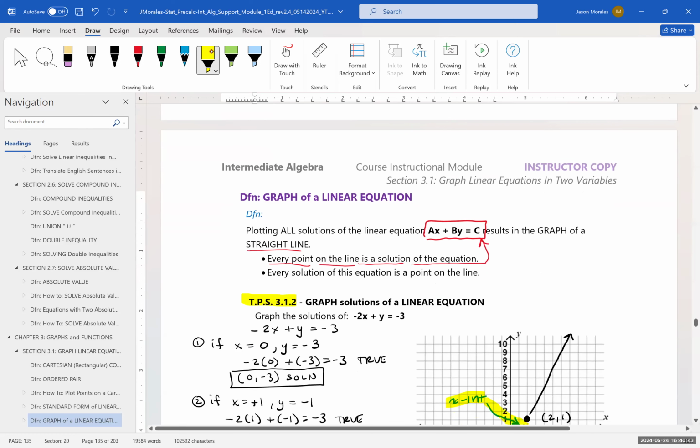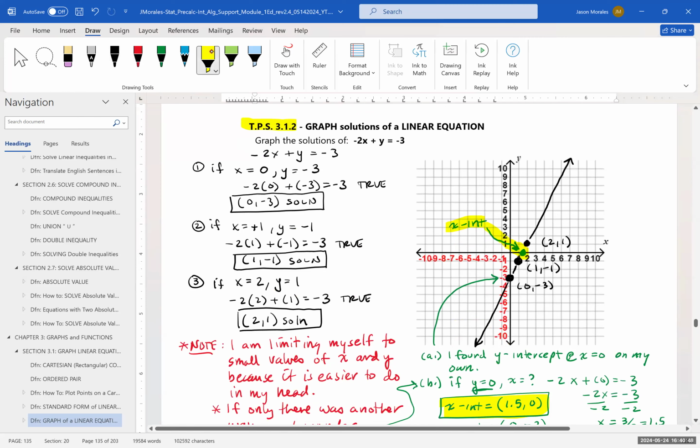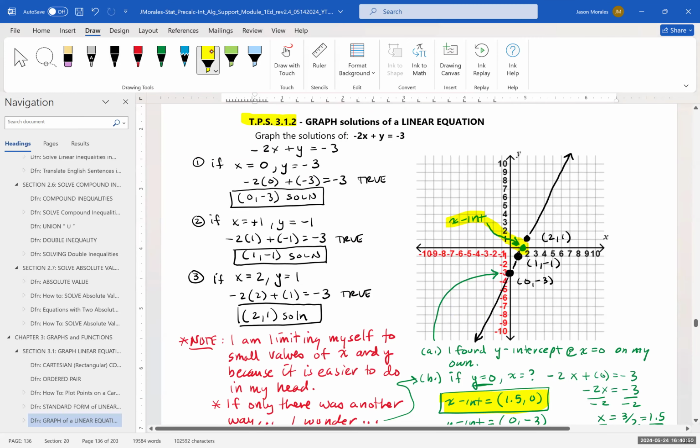Okay, so let's take a look at what I did, and you can compare this to what you did and some of the extra notes that I've got in here. Again, we're trying to graph solutions of -2x + y = -3.